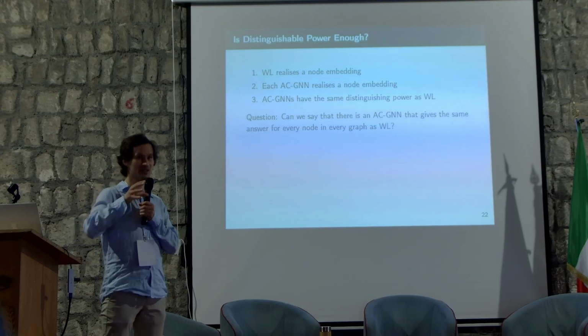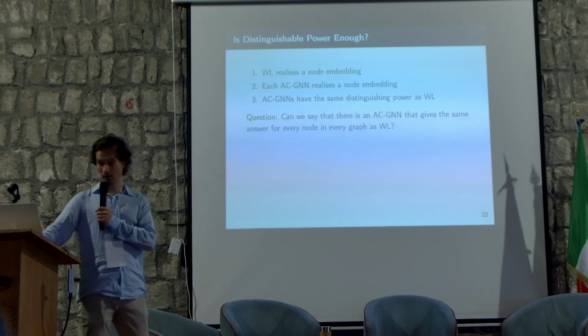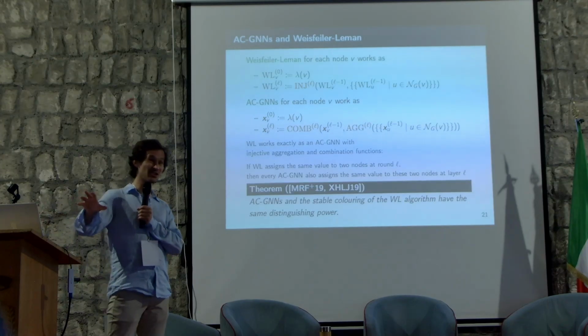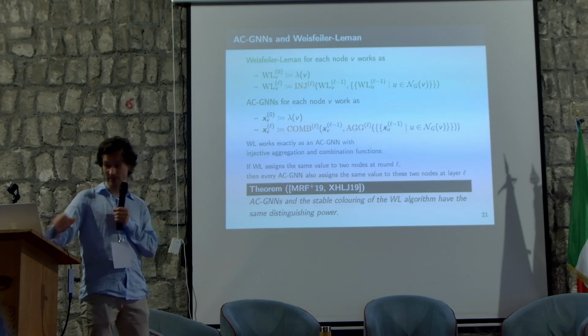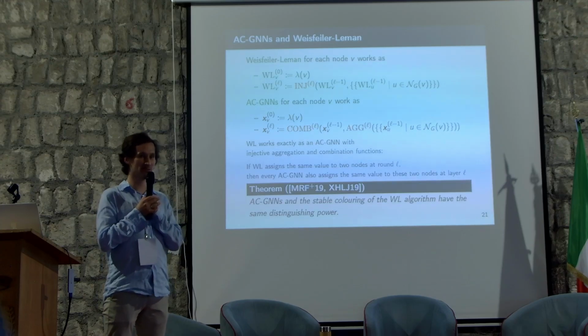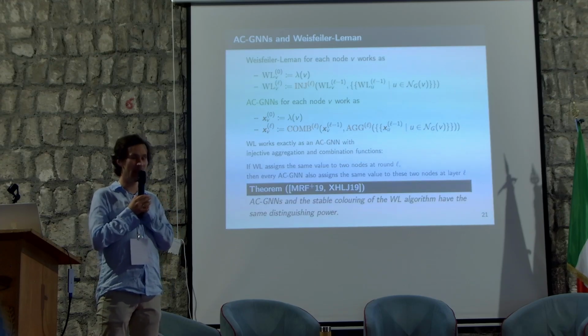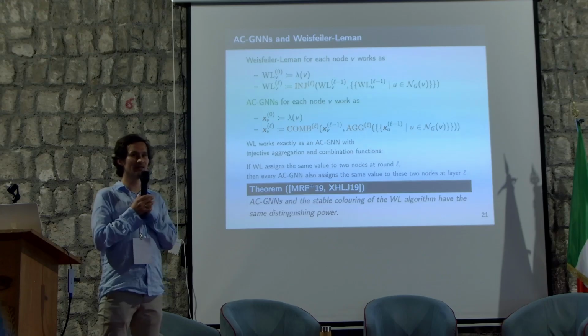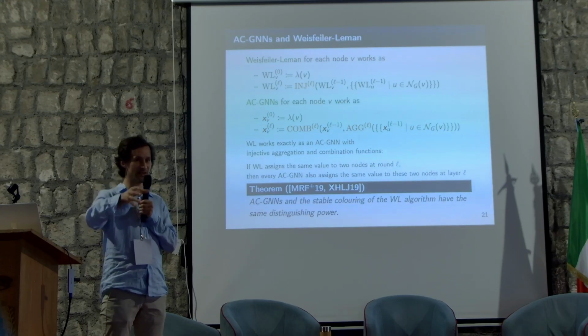For WL, it is actually not a problem. For this distinguishability power result, it is not a problem, because we care about distinguishability. And for distinguishability, we can restrict to the graphs of this particular size.